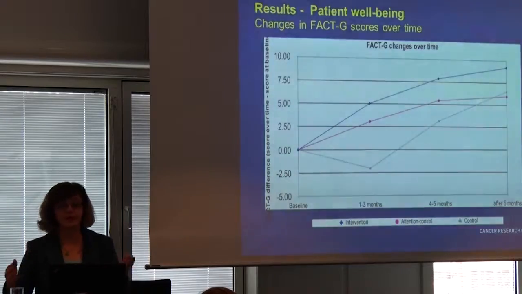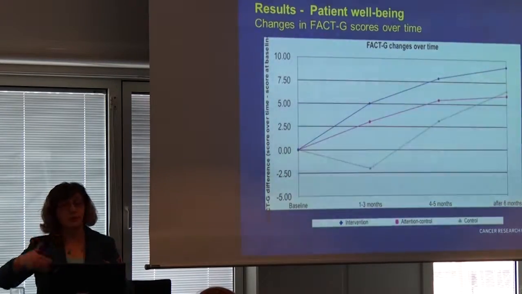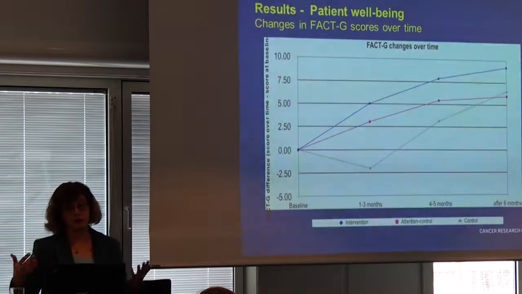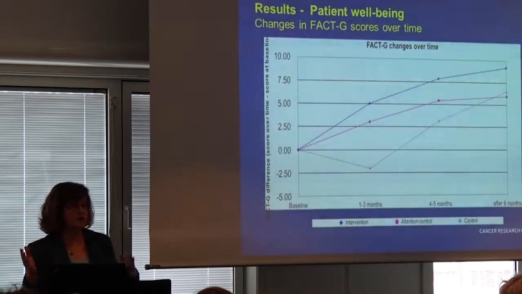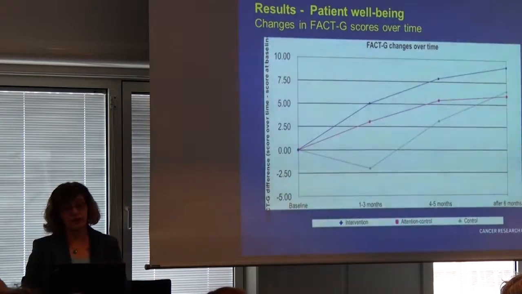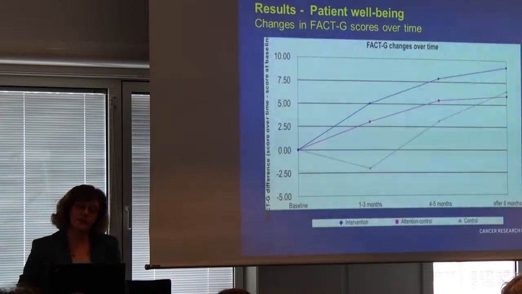So that was the attention control, with the hypothesis that maybe the questionnaires will prompt patients to actually discuss the issues with the doctor. And then we had FACT-G, another quality of life questionnaire, which was our outcome measure, done on paper just to separate it from the intervention in case the patient gets used to completing questionnaires in the intervention group.